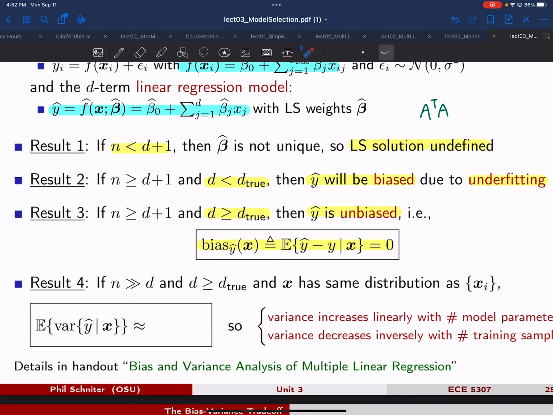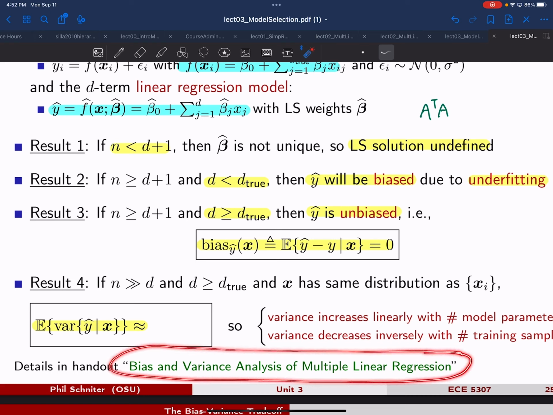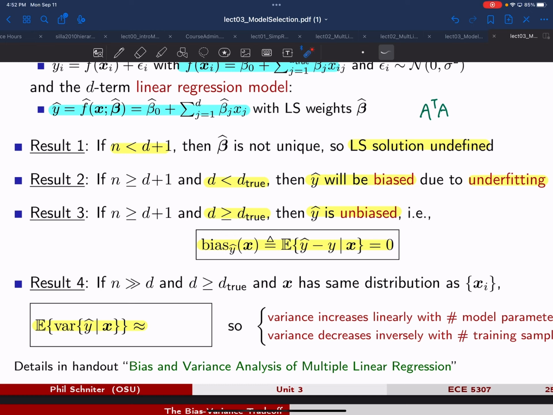Okay, so the probably more interesting one is that you can actually analyze, in this case, the variance itself. To do this analysis, it's a bit more involved, and we have to assume that the number of samples is really large so that a particular sample average that arises can approximate the true expectation. The details are in this handout. But let's just assume we have lots of training data.